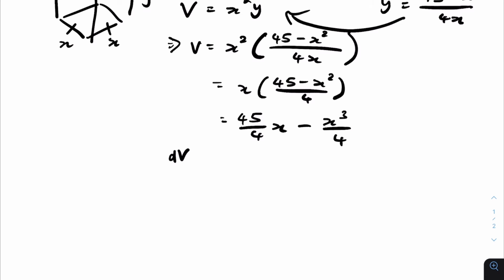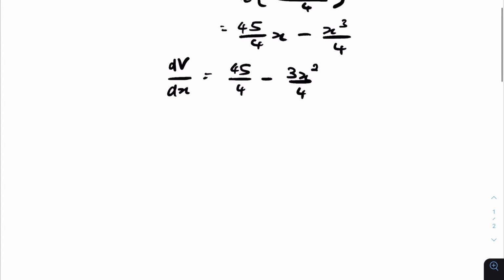And we set it to 0 so that we can find its minimum or maximum. So dV over dx, that's notation for the differentiation, is 45 over 4 minus, and then x cubed becomes 3x squared. So that's 3x squared over 4. Now we have to set this to 0.